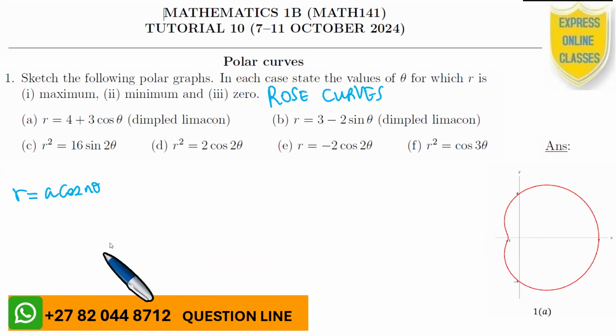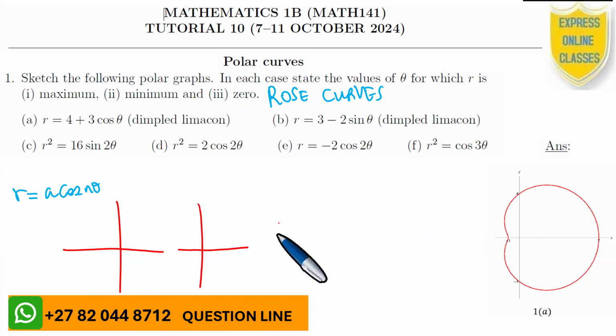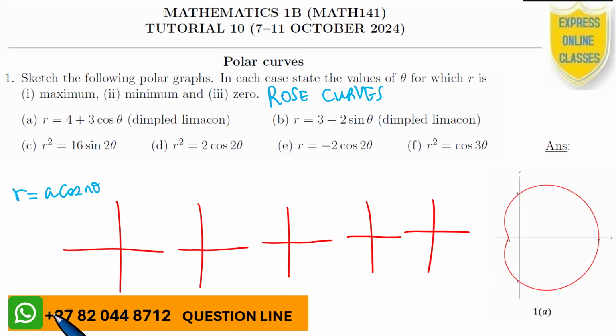So you can have 1, 2, 3, 4, 5. And so you'd have 1, 2, 3, 4. And so this one is n equals 2.